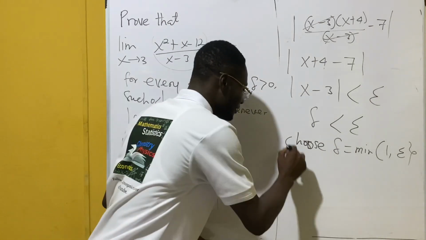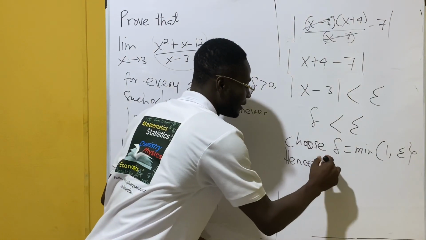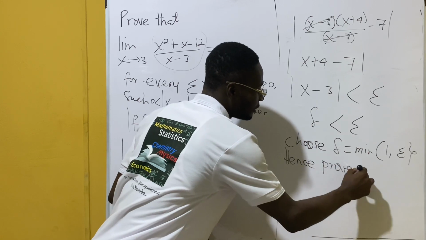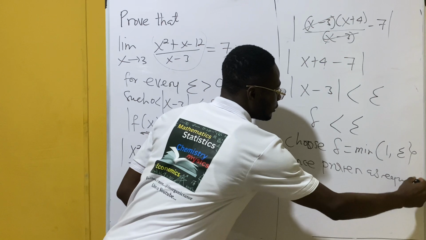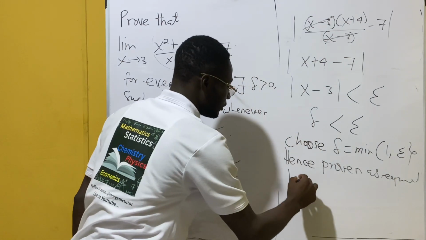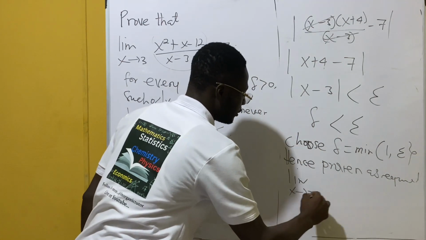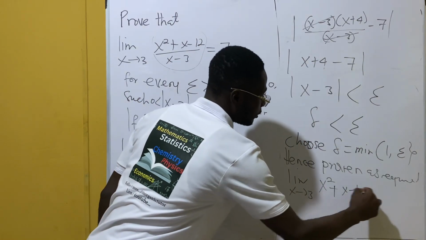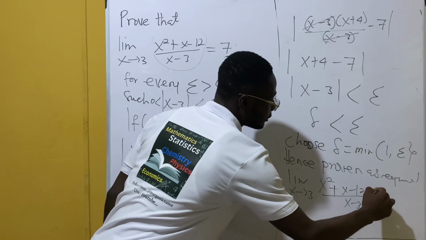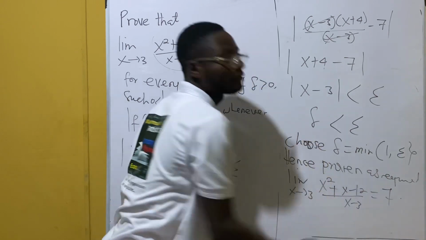Hence proven, as the limit of (x squared plus x minus 12) over (x minus 3) is equal to 7.